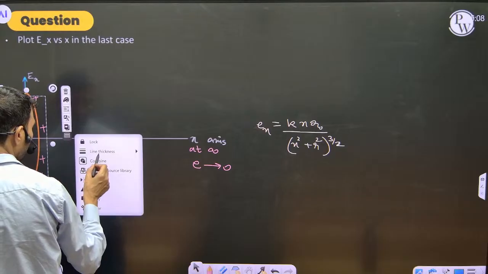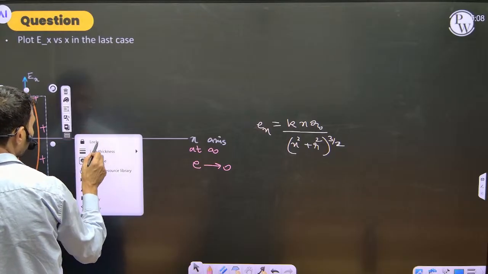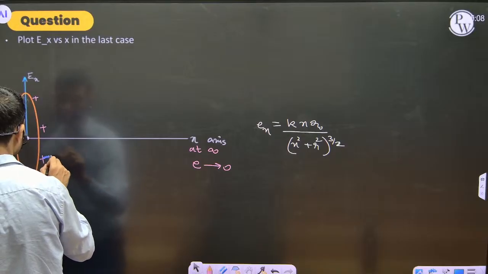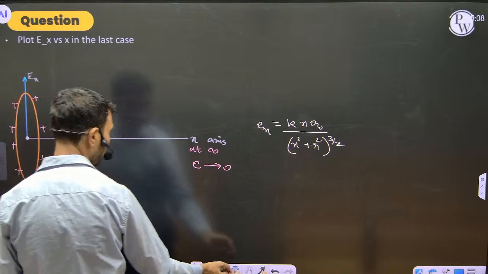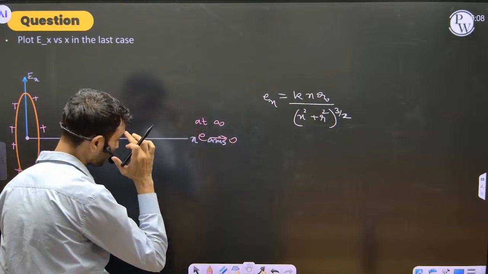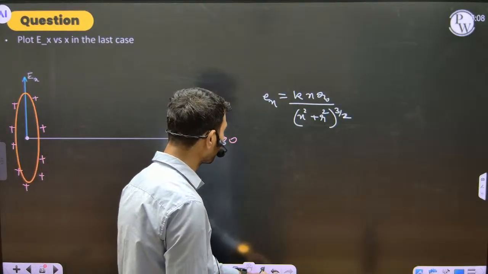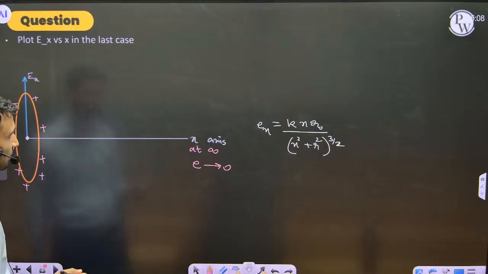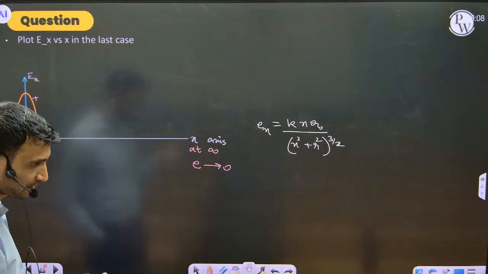Lock is there. Line thickness is there. Lock. Can I lock it? So if I move it around, only that will move. Very good. Now it's awesome. Okay, so writing part I can move, and this part I can keep it here, right? The diagram will always be there.